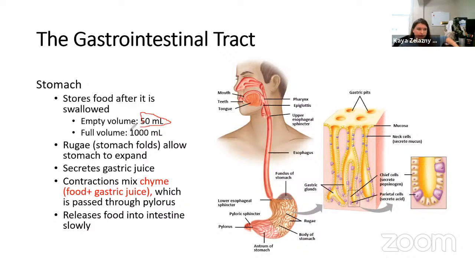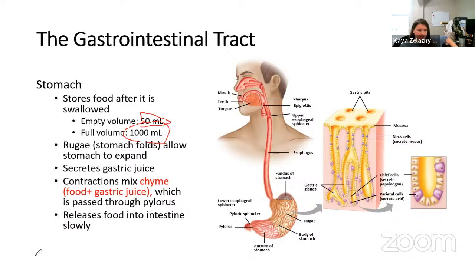A full stomach is often roughly about 1,000 milliliters. So it's important that the stomach be able to change size so that after you've eaten a meal, it can hold the contents. But if you haven't eaten for 8 hours, it doesn't take up a ton of room, right?